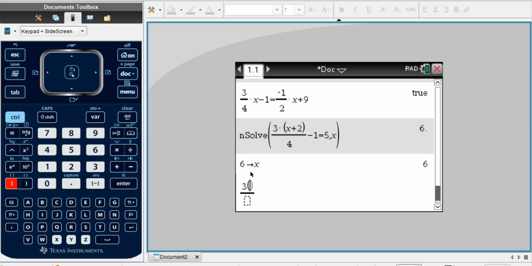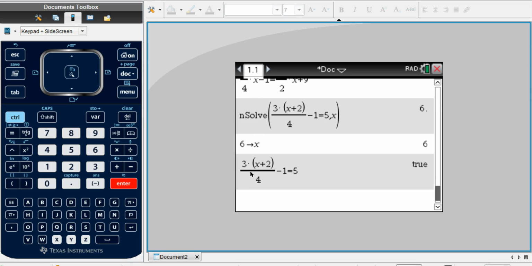And I do 3 parentheses x plus 2 divided by 4 minus 1 equals 5. I didn't say some number. I said 6. Why did I choose 6? Because of the x's. Because that's what nSolve told me. Salim didn't tell me that. Guessing didn't tell me that. Who told me that? nSolve.